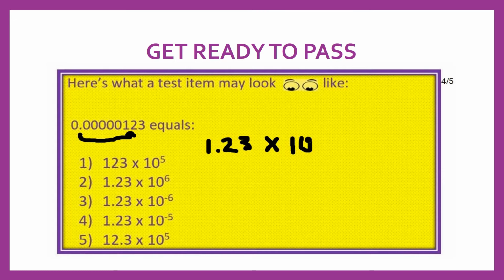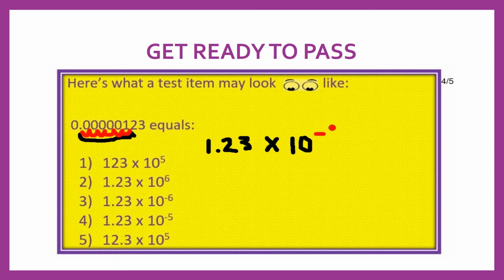Now in order to determine our exponent, we need to determine how many places we moved our decimal point backwards, which is 1, 2, 3, 4, 5, 6. So we moved our decimal point 6 spaces backwards.